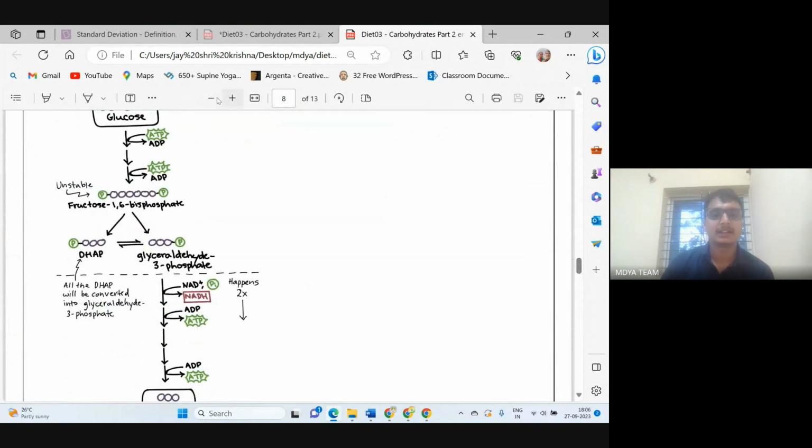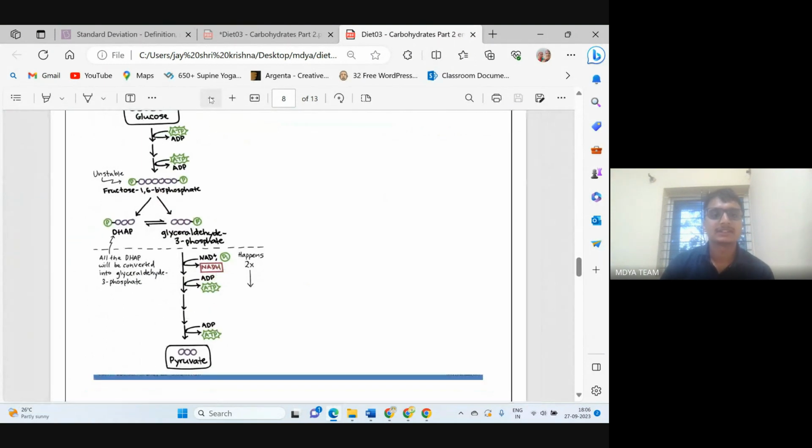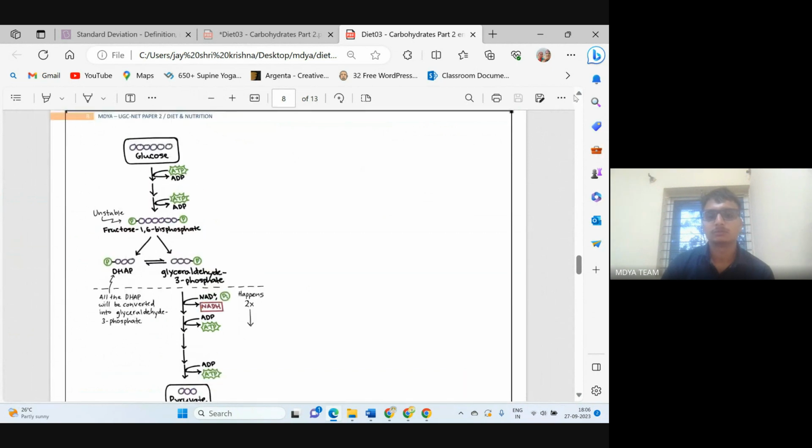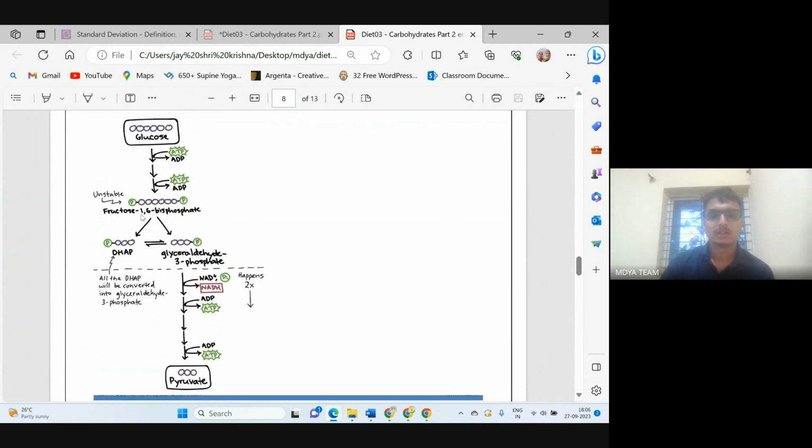What is happening here? Glucose, which is a six carbon compound, is first converted into fructose 1,6-bisphosphate. Two energy molecules are used here.